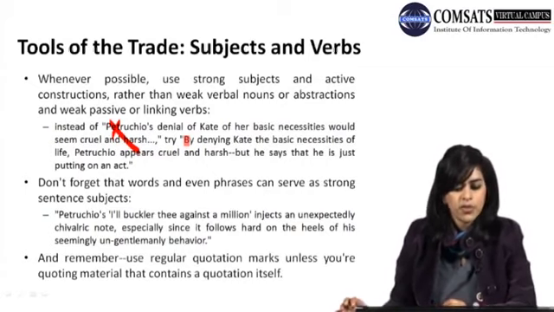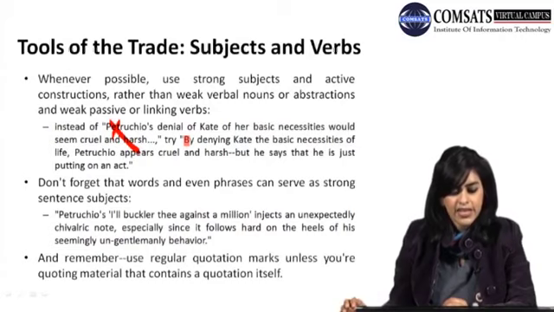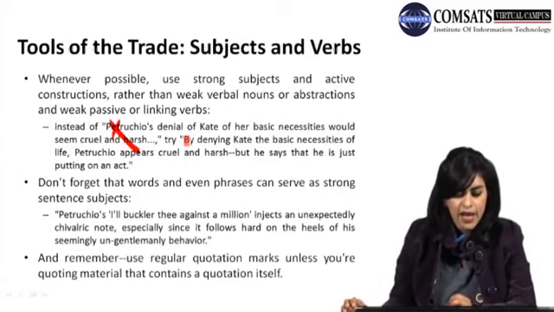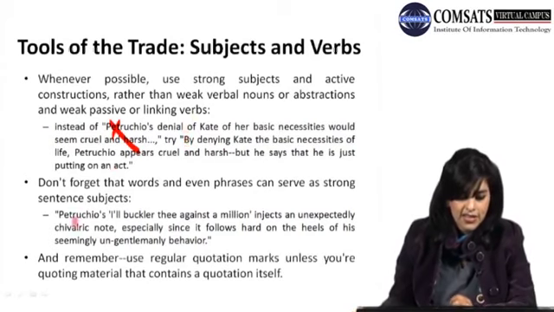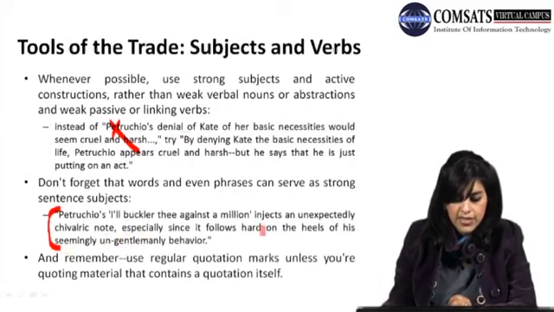Don't forget that words and even phrases can serve as strong sentence subjects. "Petruchio's 'I'll buckler thee against a million' injects an unexpectedly chivalric note, especially since it follows hard on the heels of his seemingly ungentlemanly behavior." This conveys different kinds of phrases, like "injects an unexpectedly chivalric note" and "seemingly ungentlemanly behavior" and "on the heels of."